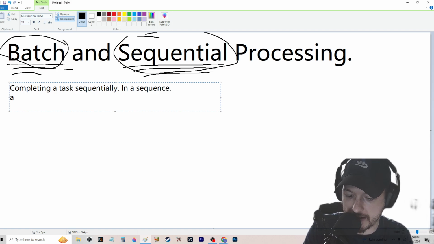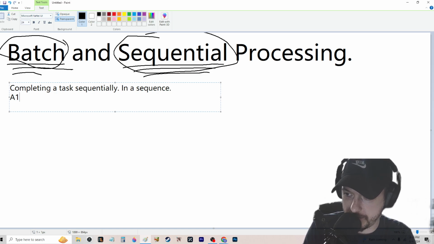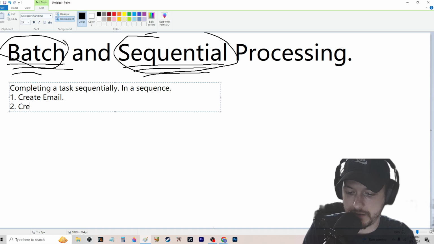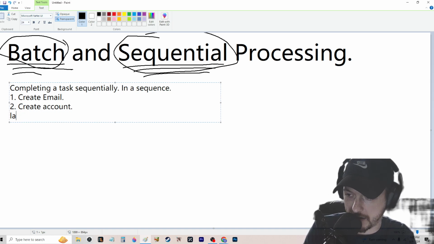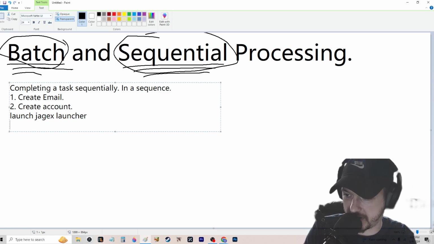So what this means is, let's say we're going to make a new free-to-play trader. Just, because that's what I do. Step 1, create email. Step 2, create account. Launch the Jagex launcher, whatever, you know what I mean?